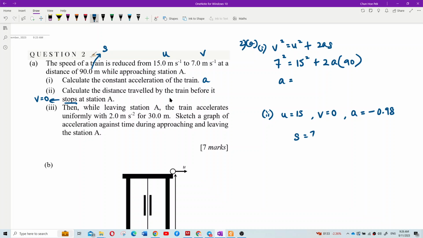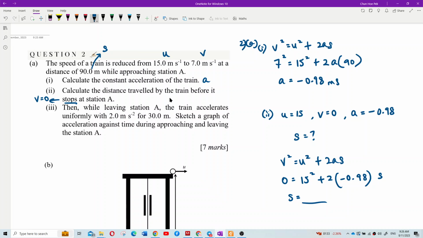For this one also use the formula v square equals u square plus 2as. So 15 square plus 2 times negative 0.98 times s again. So you can find the s already. Yeah, just now is negative 0.98 meter per second square.